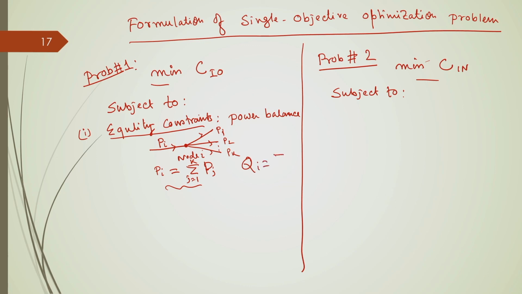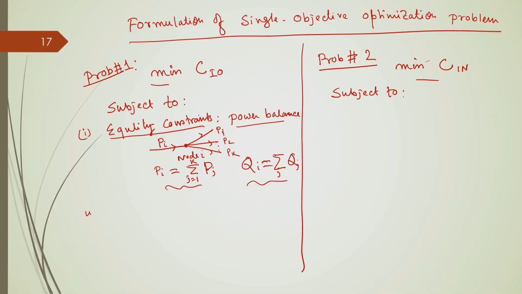Since it involves equality, that is why it is an equality constraint. And how do we fulfill this equality constraint for a feasible solution? By performing the load flow or forward backward sweep load flow. Okay.